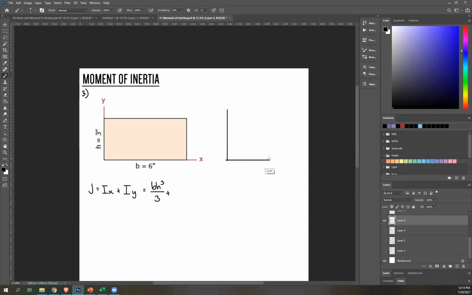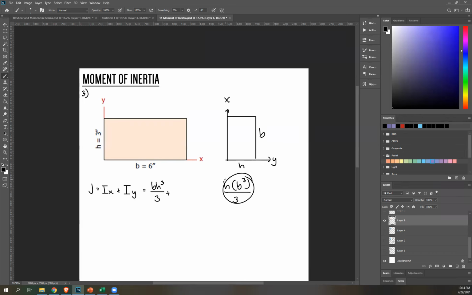Let's redraw that. This is now your y. This is your x, right? This is your h. This is b, correct? And using these variables, we already know the moment of inertia of this shape about this axis. That's the base, which is denoted by h, times the height cubed, which has the variable b, over 3.